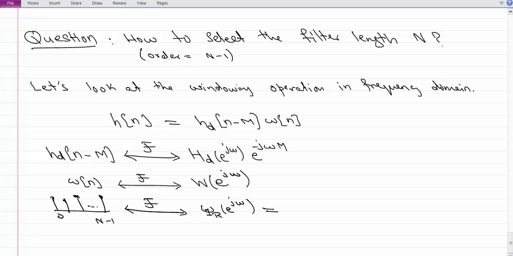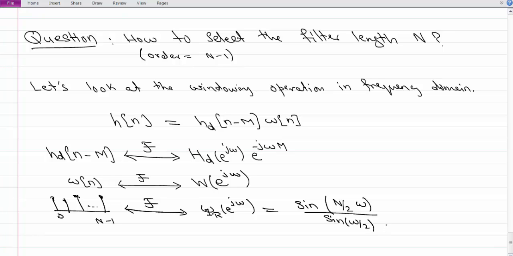So it's a box in the time domain. So in the frequency domain, it will have what kind of a shape? It is the sinc-like function which takes the sine over sine form. Okay, it's given by sine of N omega by 2, divided by sine of omega by 2.